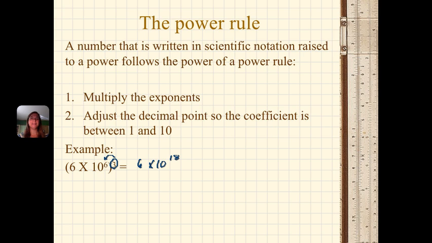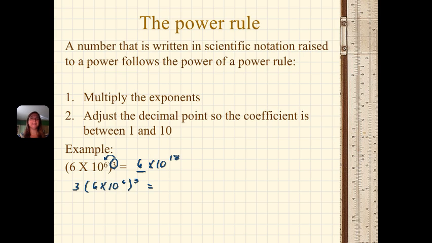Now the second rule says to adjust the decimal point so the coefficient is still between 1 and 10. In this case we have 6. It doesn't matter. But if we had had a 3 in front of this, same expression, we would have first, by respect of the order of operations, done the exponent, right?